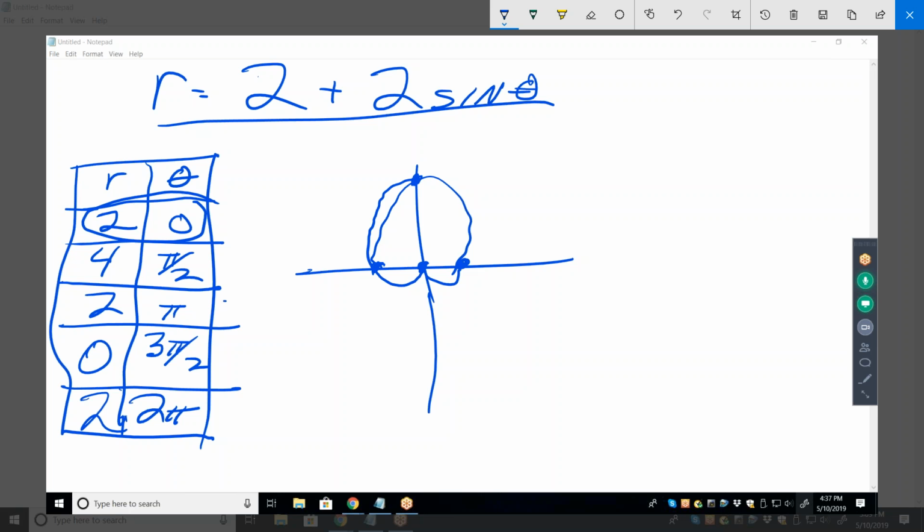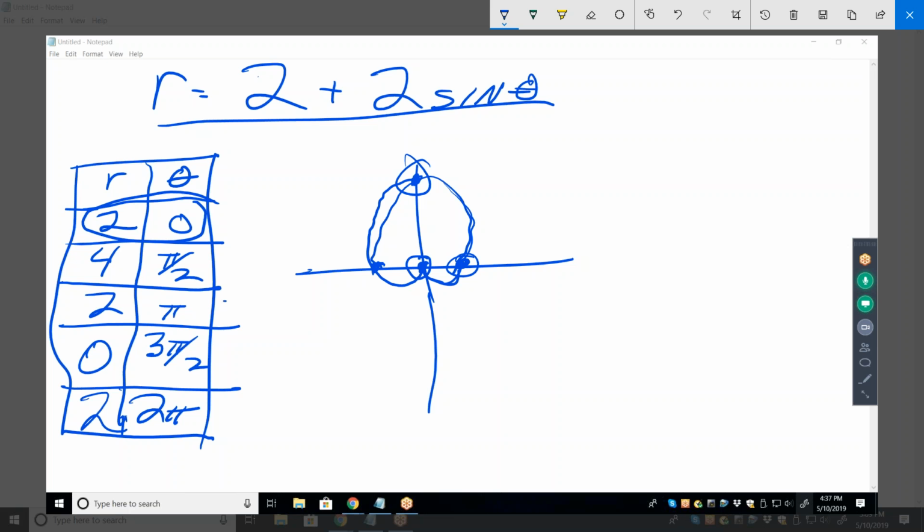And in point of fact, if you used symmetry, you would really only need this point and that point, because that would give you this part of the cardioid, and you know it's symmetrical with the y-axis. So you would know what the left half of it looked like.